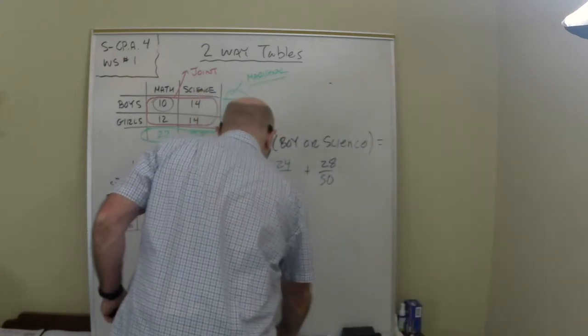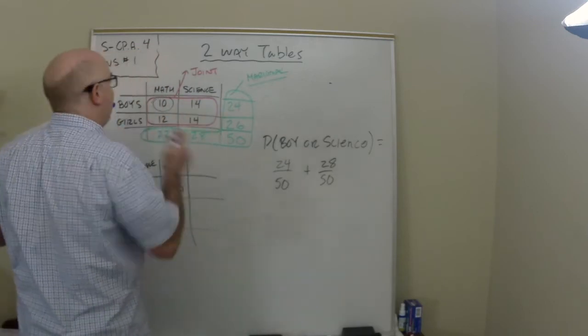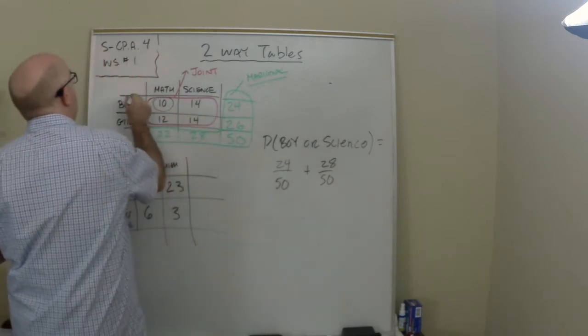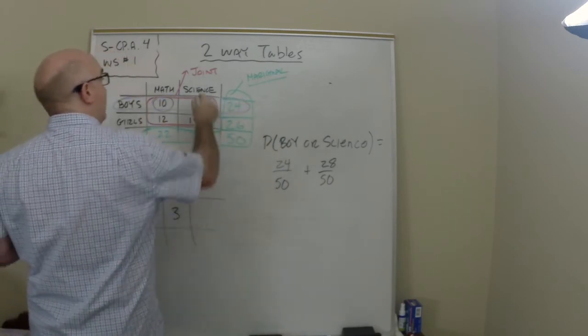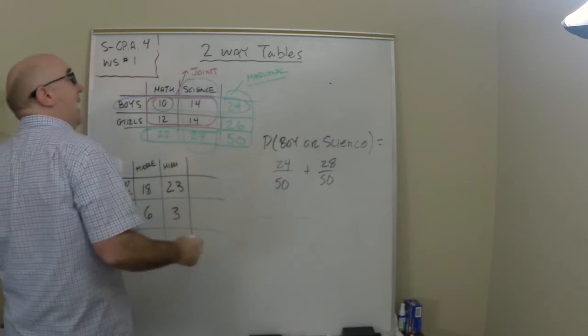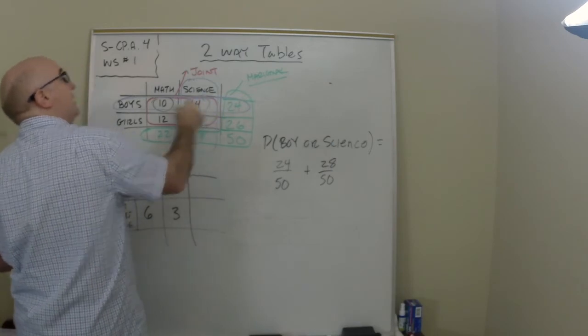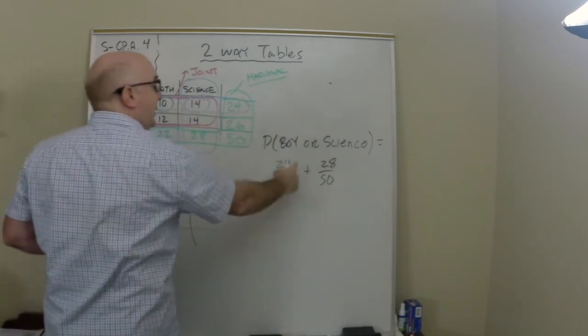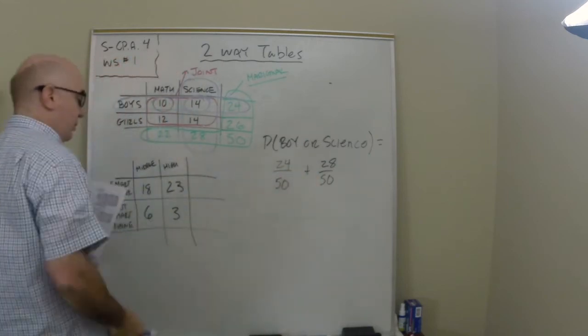Let's use blue. Watch a very important thing about an "or" statement. Here's the probability of being a boy. Here's the probability of liking science. Now, I don't know if you can tell, but this number got circled when I added the boy group in, and that number got used again when I put in the science group.